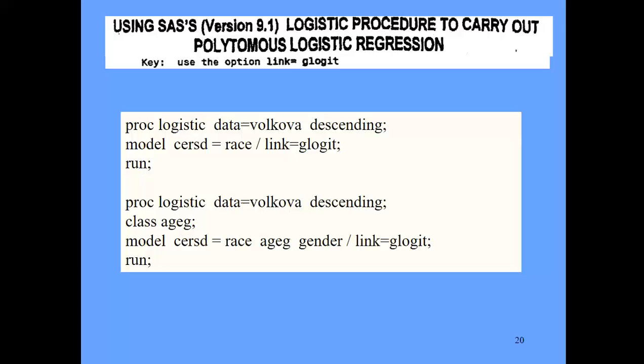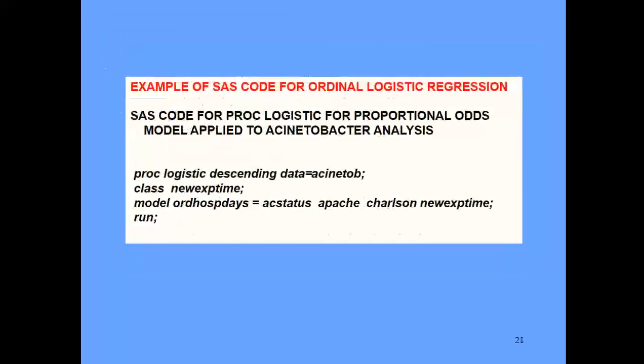In fact, I added another slide to this, and I didn't put it up on your slideshow, but you'll be seeing it next time. This is the code for Polytomous. This is an example of the code for Ordinal, with a different data set, okay? You see it says Logistic, descending, data, and then it's got class, it's a different variable, and it's got a different model with different variables in the model.